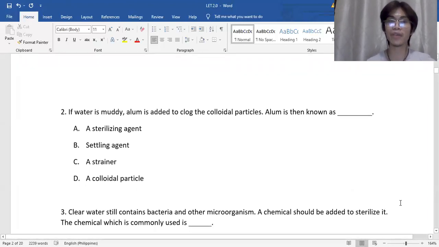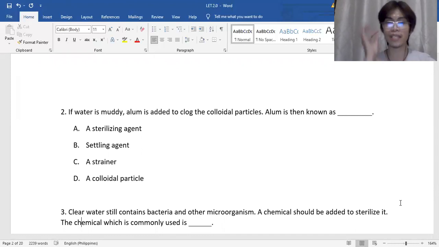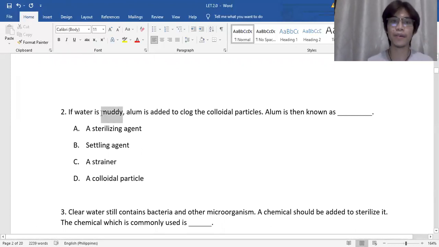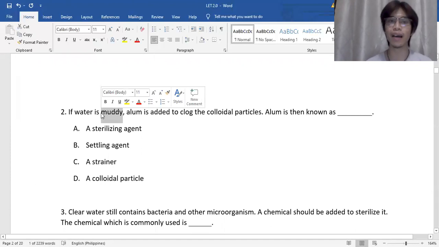Even though you don't know what alum is, you can still answer this if you dissect the sentence. This is common sense, guys. It says here water is muddy, and alum is added to clog the colloidal particles.